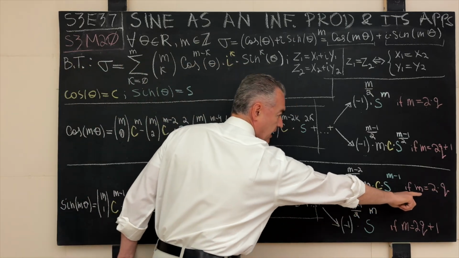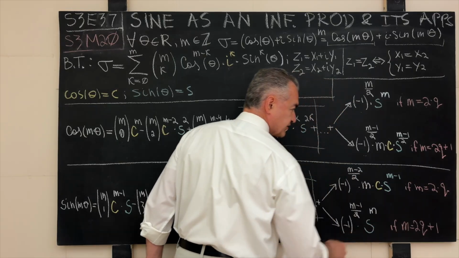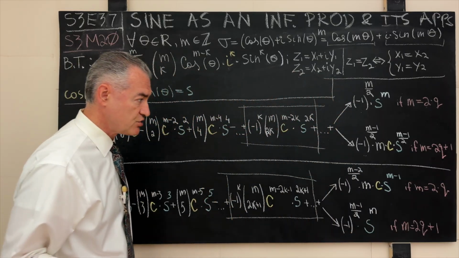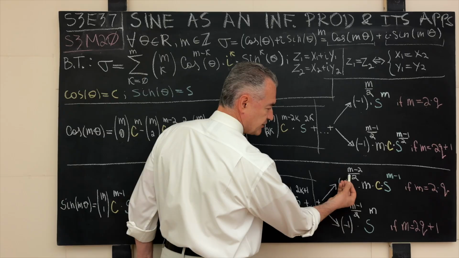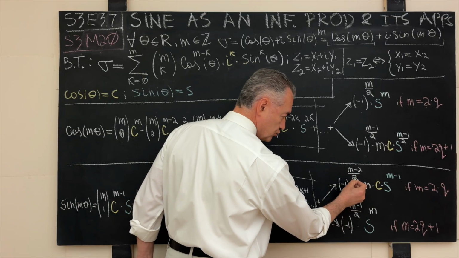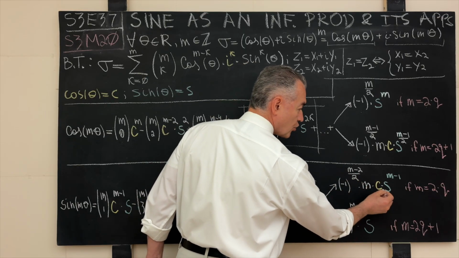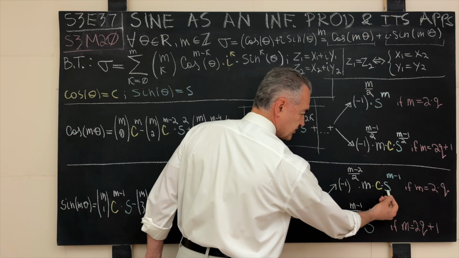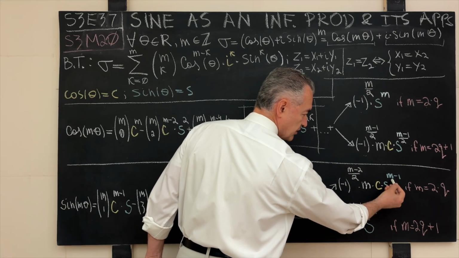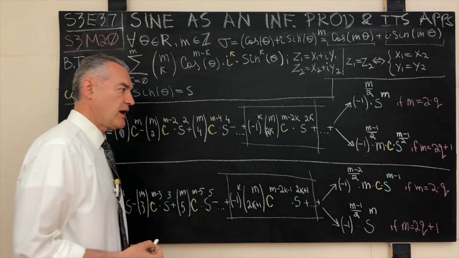Again, when m is a number that is even or representable as 2 times q for a suitable integer q, we will have negative 1 raised to the power m minus 2 over 2 times m times cosine raised to the first power times the trigonometric function of sine raised to the power of m minus 1.